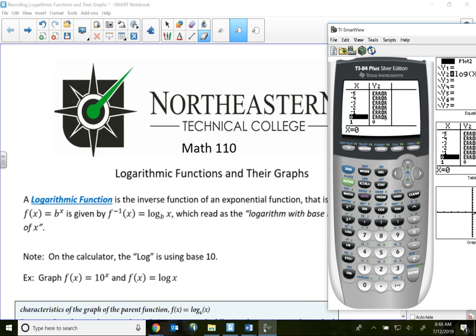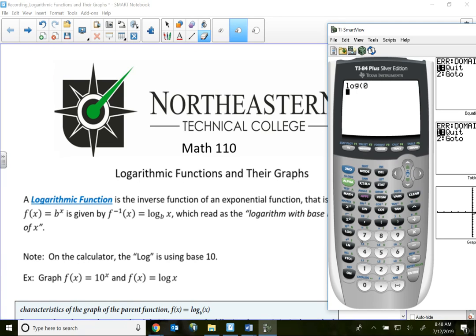You cannot take a log of 0. I didn't mention this before, but I'm doing it right now: log of 0 is always going to be undefined. You cannot take a log of 0, and you cannot take a log of a negative number. It doesn't exist.